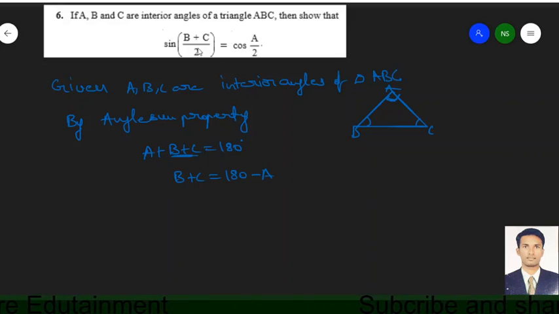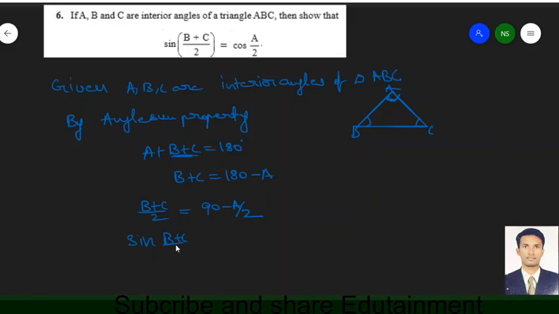We want (B plus C) by 2, so divide both sides by 2 to get 90 minus A divided by 2. Now take sine on both sides: sine (B plus C) by 2 equals sine (90 minus A by 2).